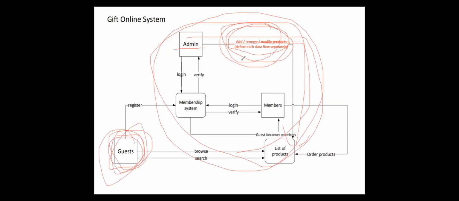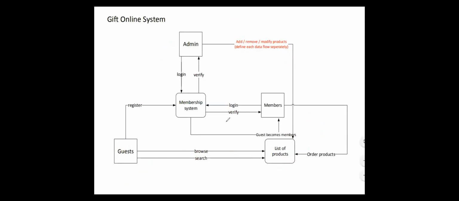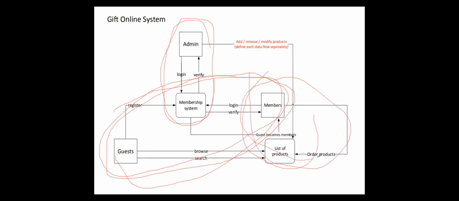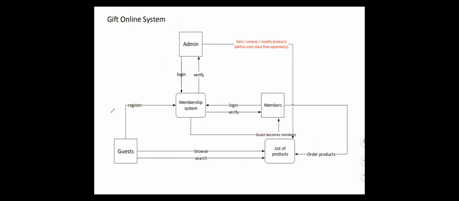So if I want to divide this system into units to assign it, I will give the admin part to one person, the login part to another person. You see the login interface. And finally, the membership and the buy products part to another person. So to color code it, I will say this part is the membership.